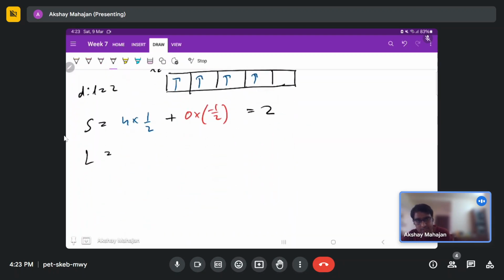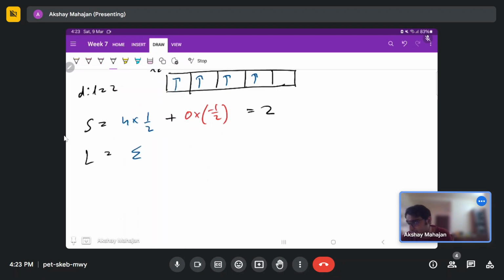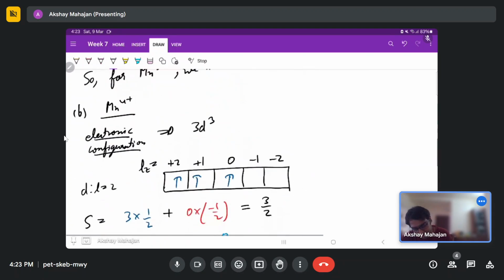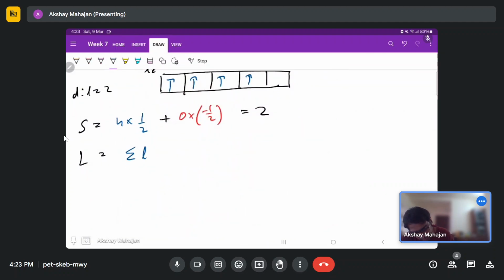So we know since it is also 3d4, it doesn't matter whether it is chromium or manganese. Basically, we just need to consider the electron configuration. So we know the answer is going to be the same as Mn3 plus. It also has 3d4 electrons, so it is also going to have the same answer.